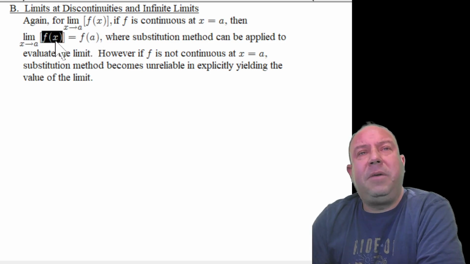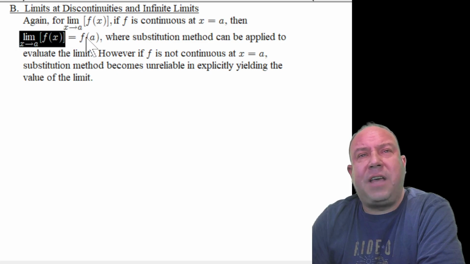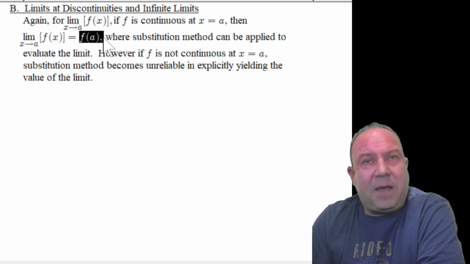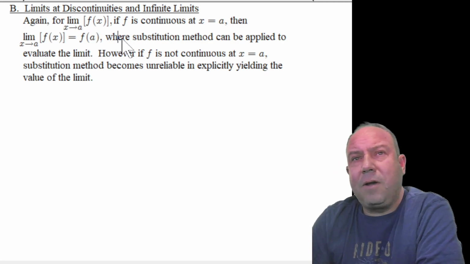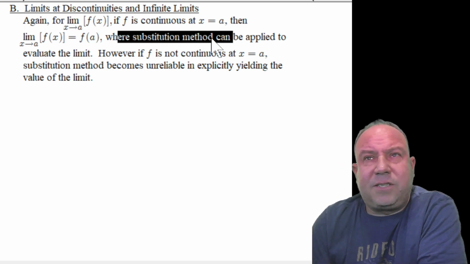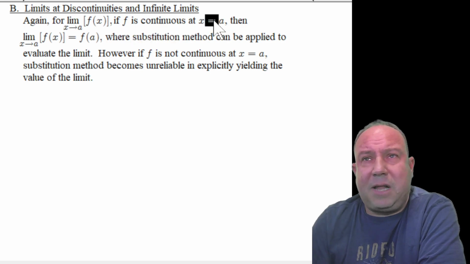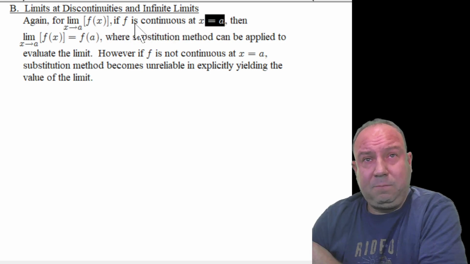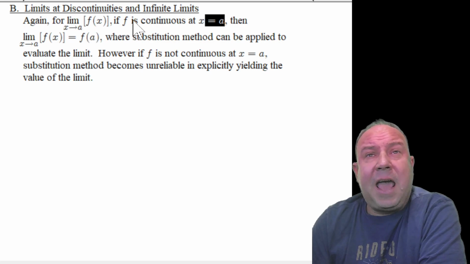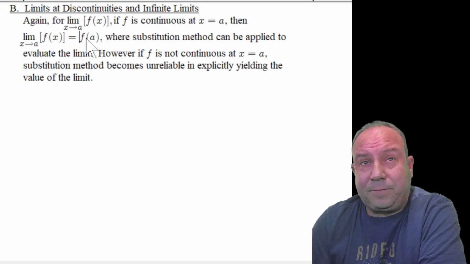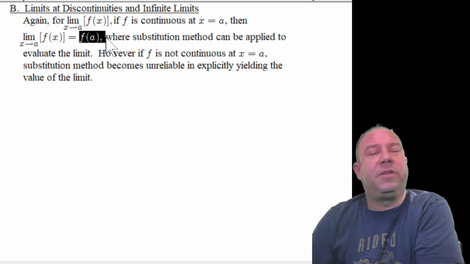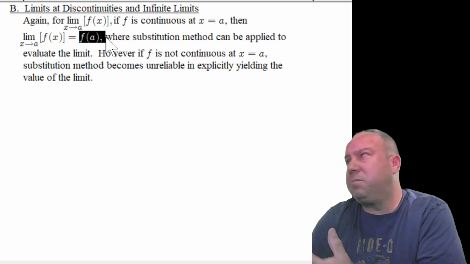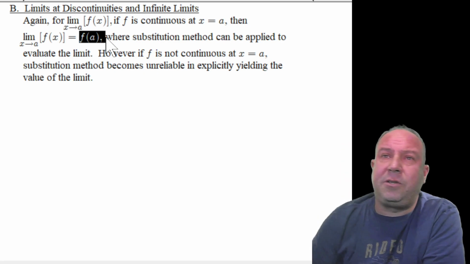We know that the limit for our function as x approaches a is going to be equal to the dependent value of our function when the independent value is a. And we can use a method called the substitution method, which more or less implies that you're taking this value of x equal to a and substituting it in, to become the independent value within your function. It gets the name substitution method.